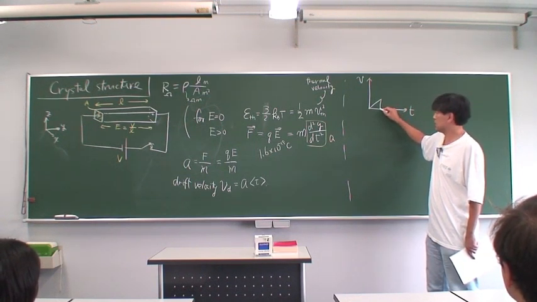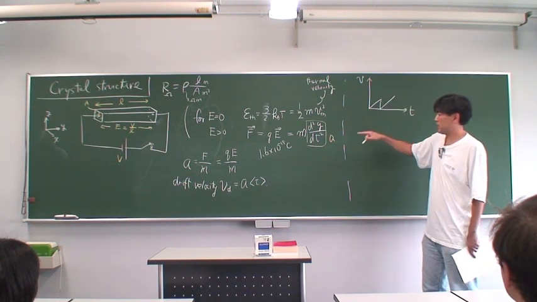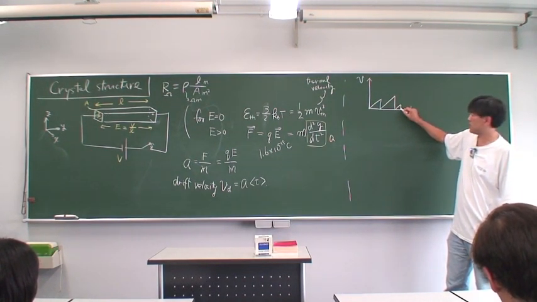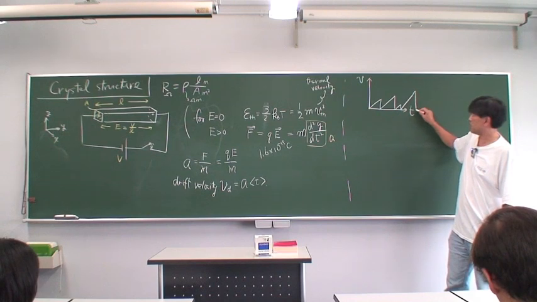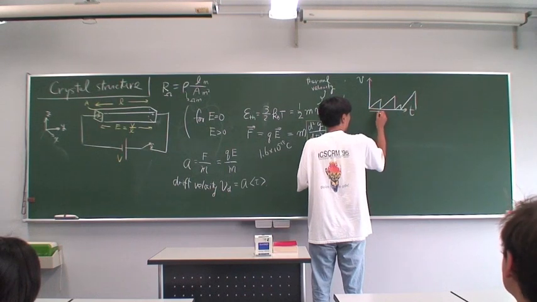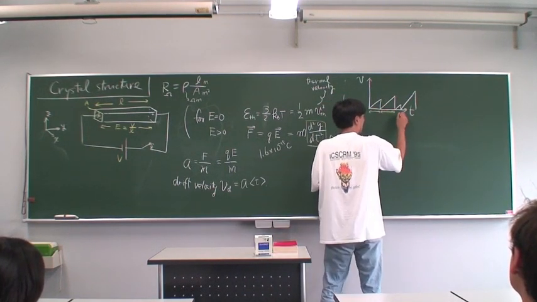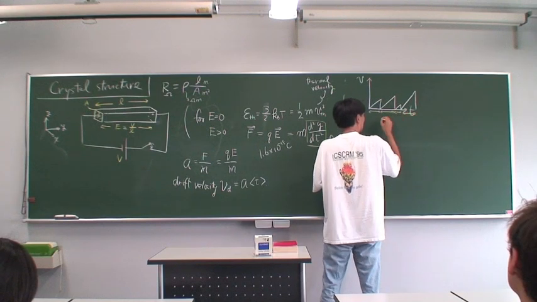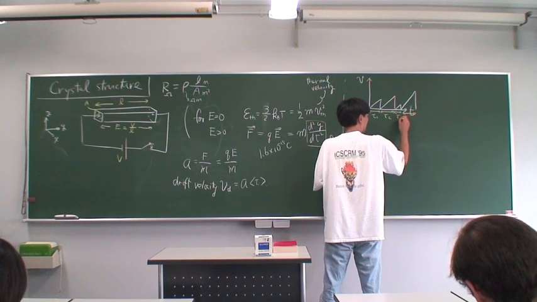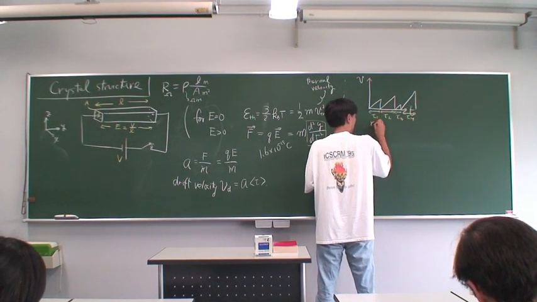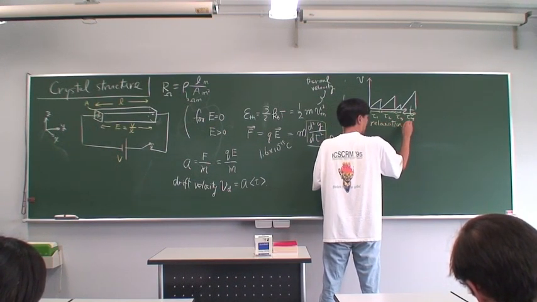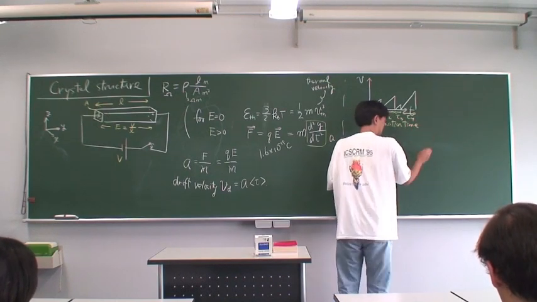And then it is again accelerated by the bias, and then stops. Accelerated and stop. Accelerated and stop. Each interval between scattering is called relaxation time.